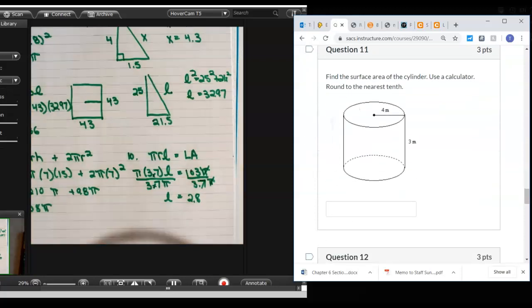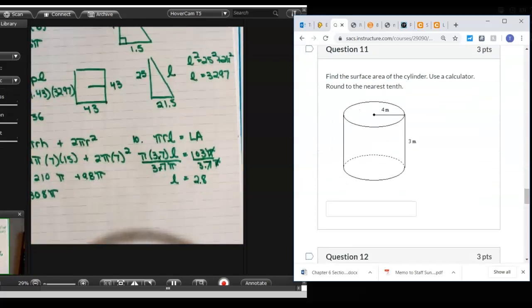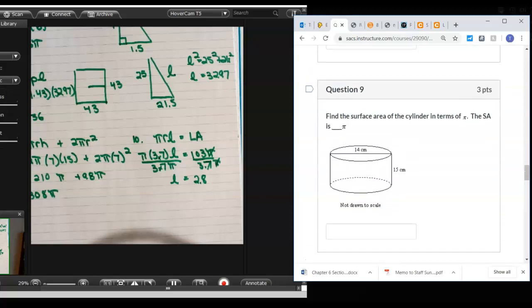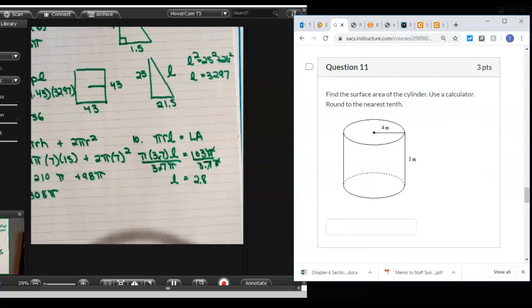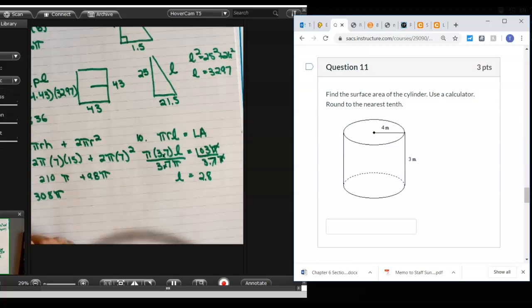Okay, number 11, we're looking for the surface area, which is really similar to number 9. So again, same formula here. I've got a radius of 4 and a height of 3, and again, a radius of 4.